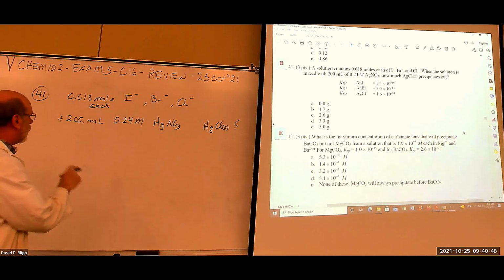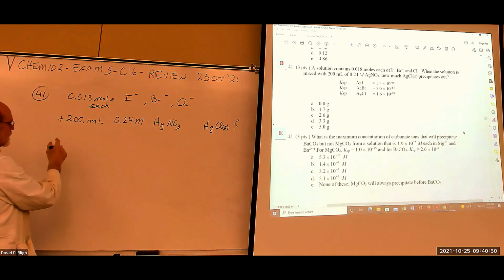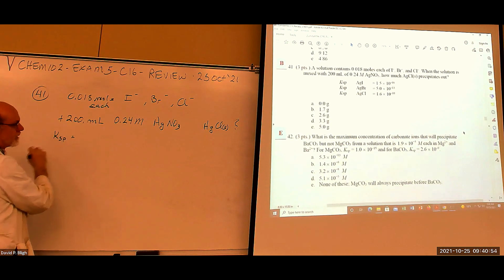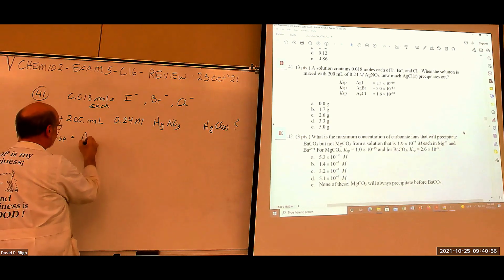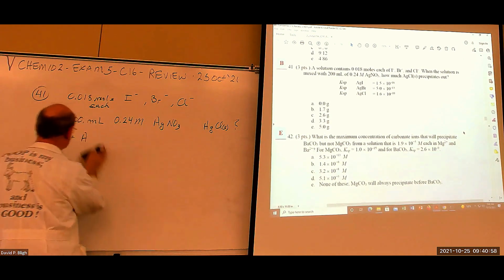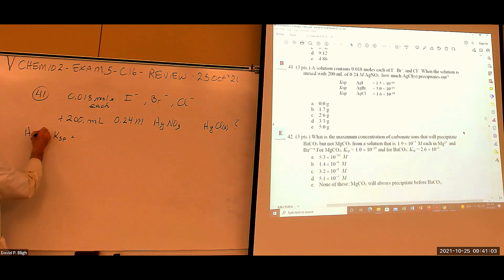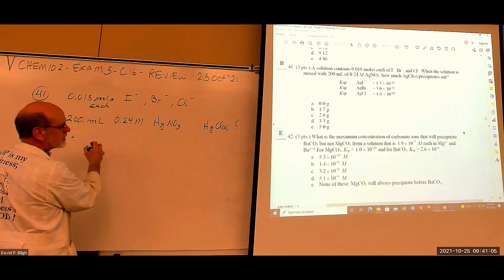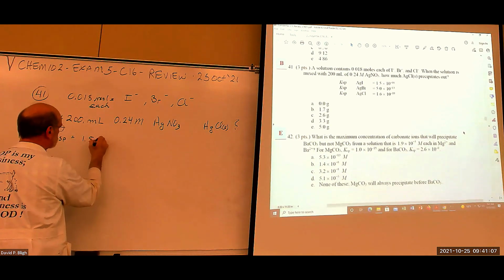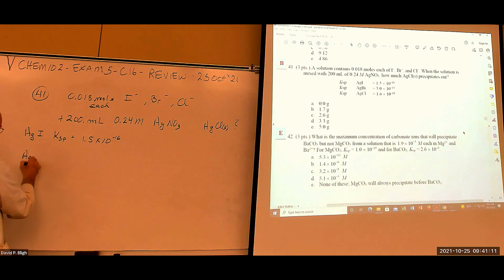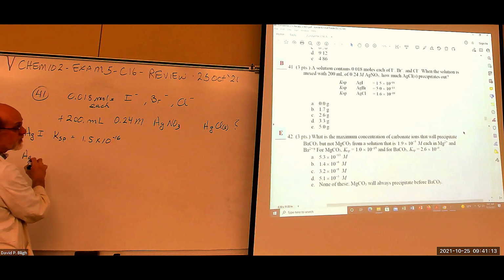So what we want to do is first compare the KSPs for each one. So silver iodide, let's see. Silver iodide, KSP is 10 to the minus 16. Silver bromide is 10 to the minus 13.